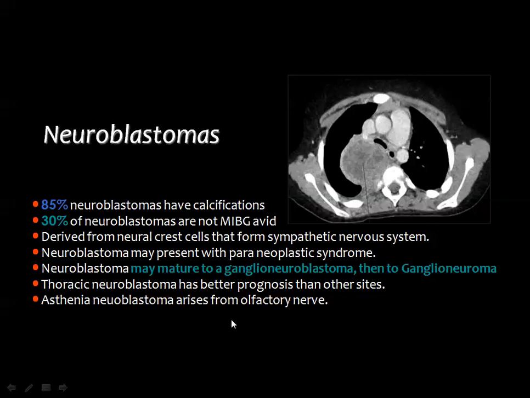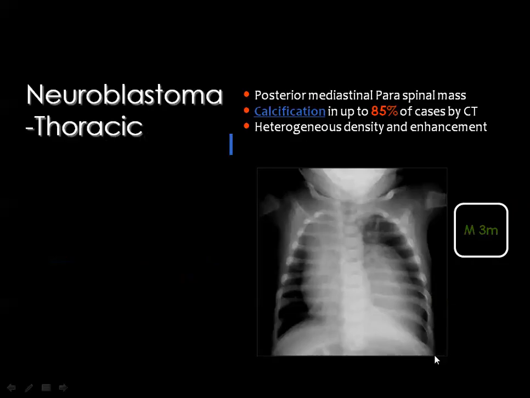And what is very important here is to know that the neuroblastoma may mature to ganglioneuroblastoma and then to the adult form of ganglioneuroma, which is a benign lesion. This is a malignant lesion, an intermediate lesion, and a benign lesion after that.